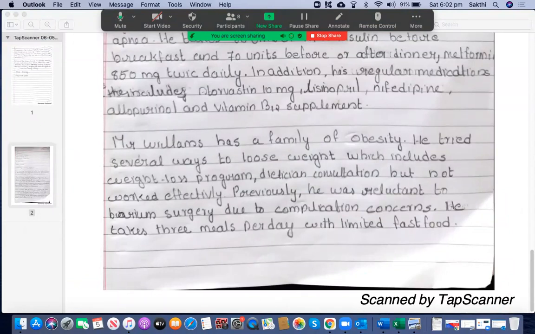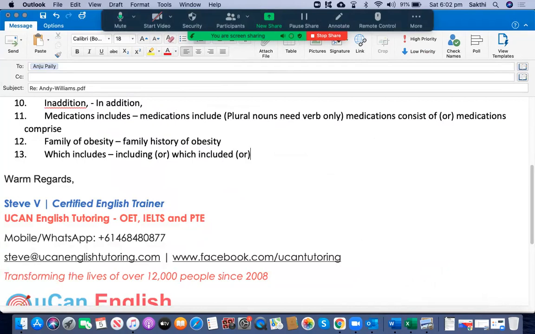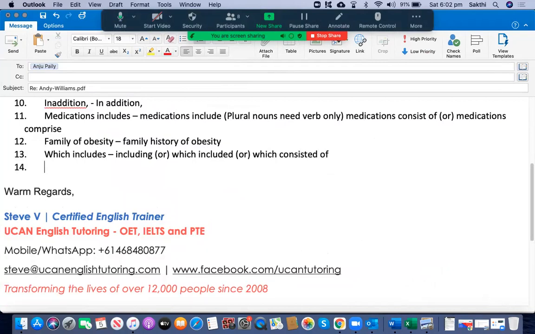Instead of writing "which includes", you could have mentioned simply "including". That is also one way. Otherwise, if you wanted to use the verb, you can say "which included", or "which consisted of", and so on.